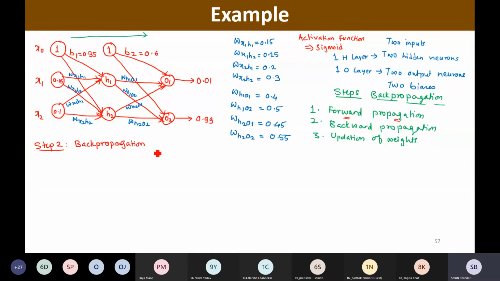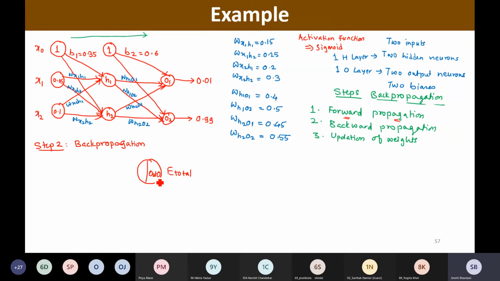So see here, we have computed this total error. Here we are considering only one neuron for the sake of understanding.